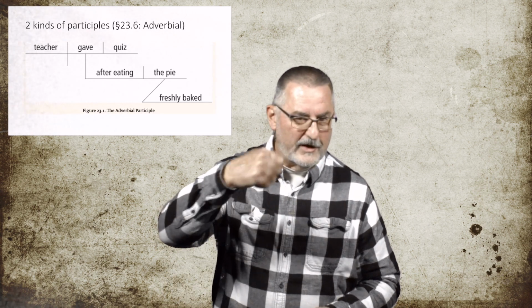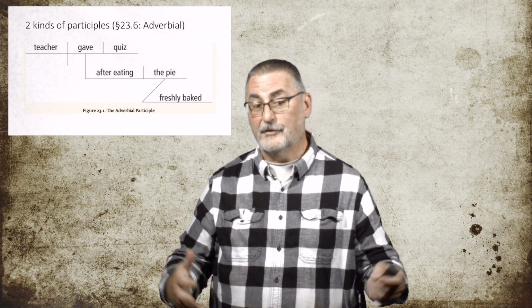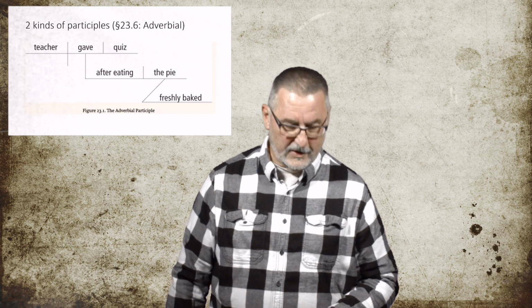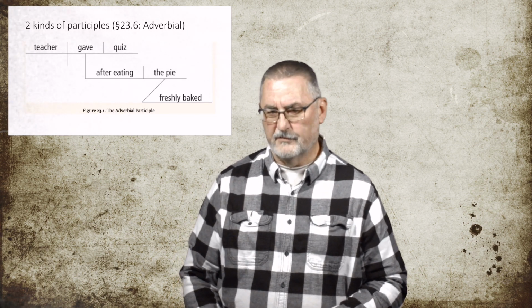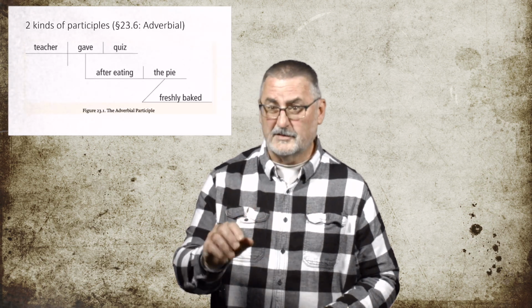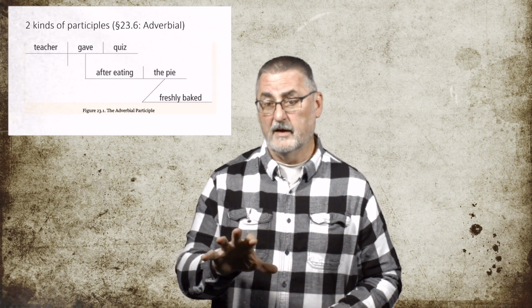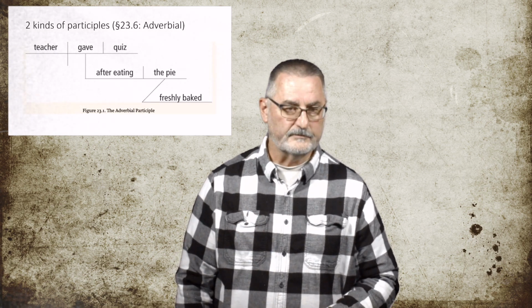He was chowing down on a freshly baked pie, and after that, then the teacher gave the quiz. That would be an example of an adverbial participle, because that part that is under the verb gave is telling us when something took place.